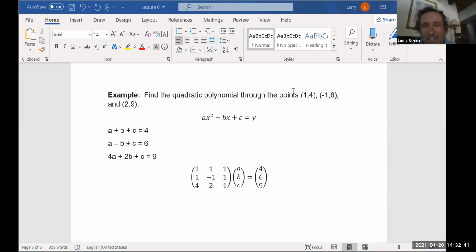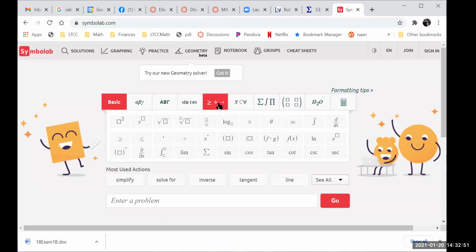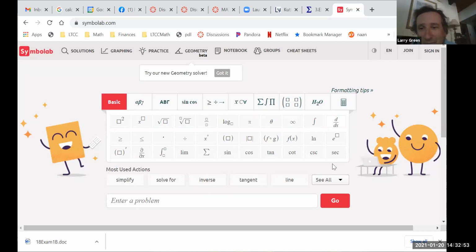All right, no one's telling me. As soon as I tell you, you're going to say yes. And that is use a computer. So I'm going to go to SymbolLab, and what I want is the inverse. I need to move my Zoom stuff out so I can grab things.